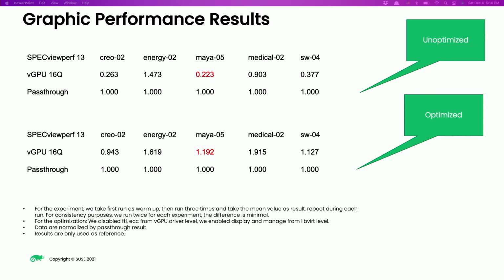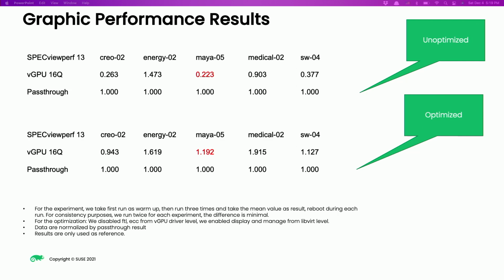We spent time figuring out why, and eventually found it's the FTL. If you play games, you're probably familiar with the frame time limiter. It is enabled by default, but we disabled it manually.